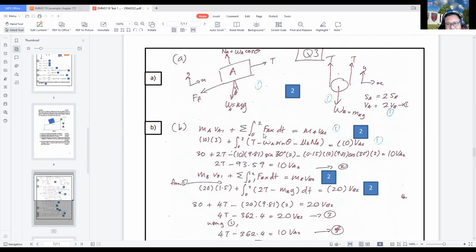Then this is the external force, FAx, and I just put the FAx, but you can put anything you like. This one is represented by T minus WA sine theta, and also mu_k NA, the kinetic friction. And on the right hand side you have 10 multiplied by aA.